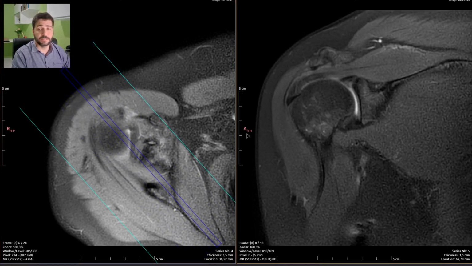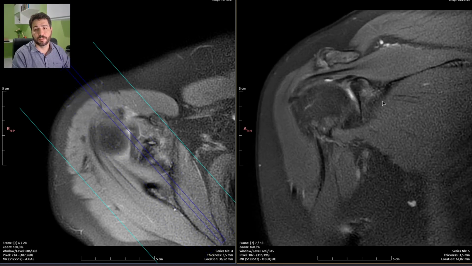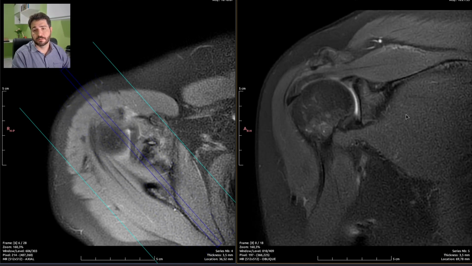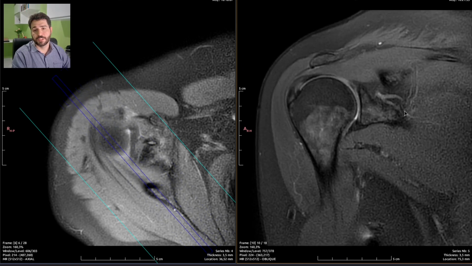This is a right shoulder, and readily I can see there is degenerative disease of the labrum. The glenoid labrum is kind of fuzzy and thickened, so this is painful.